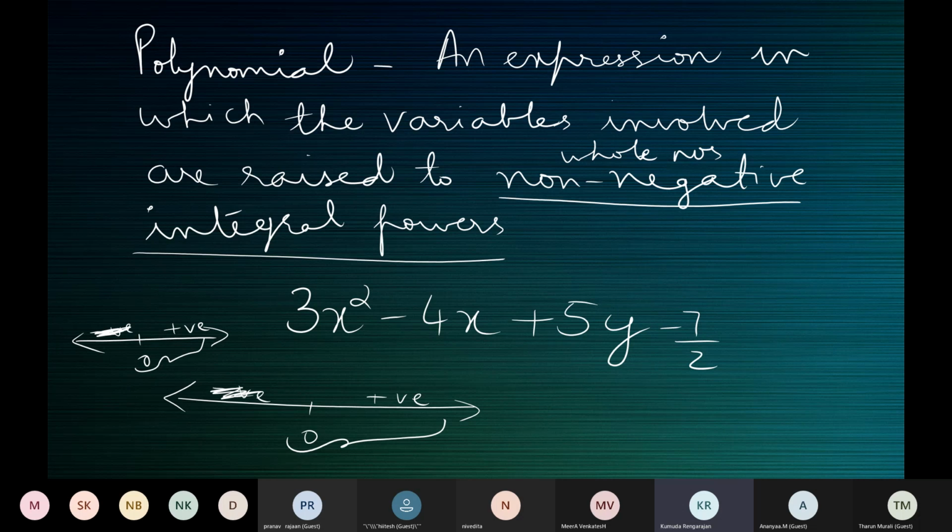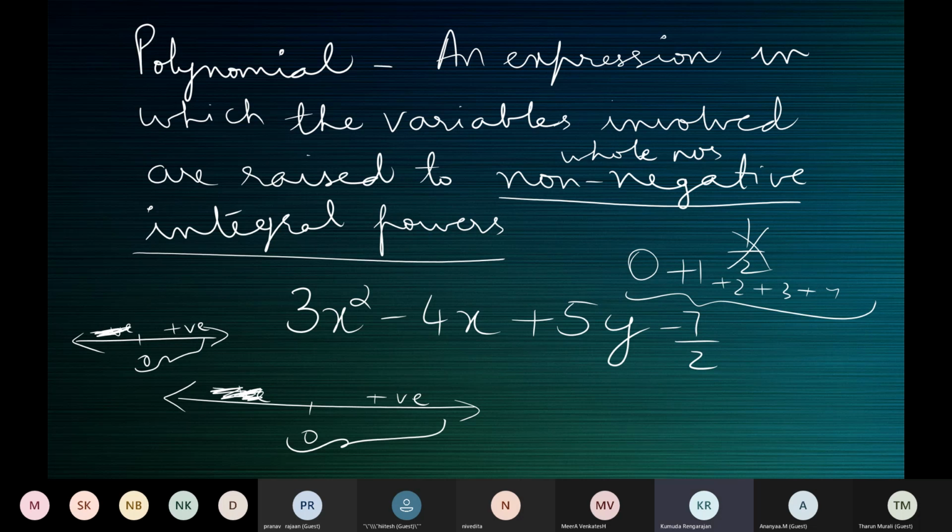And integral means of integers, so it's not fractions here. Non-negative means 0 and positive; integers means 1, 2, 3, 4, 5 and so on. 1 by 2 is not an integer. Take out the negative ones, so basically 0 and positive integers, which make whole numbers.